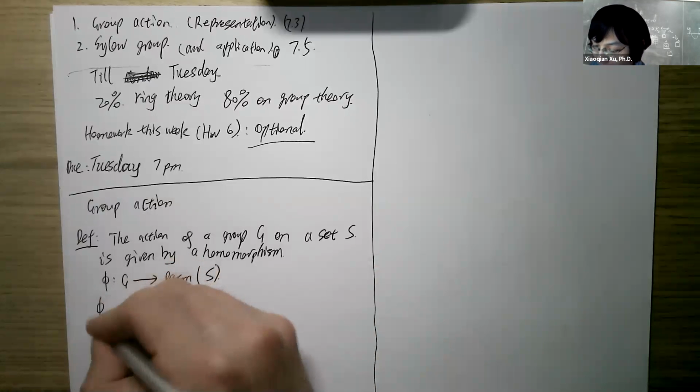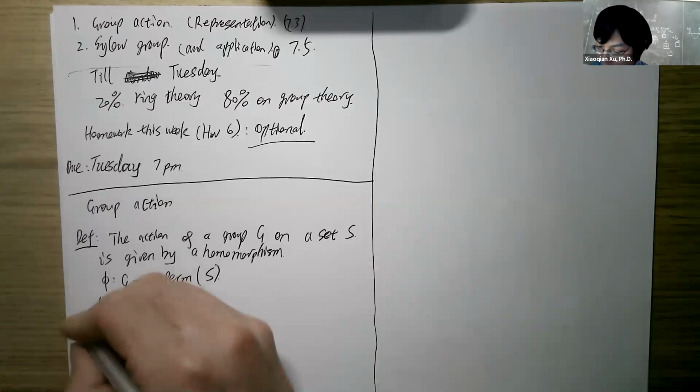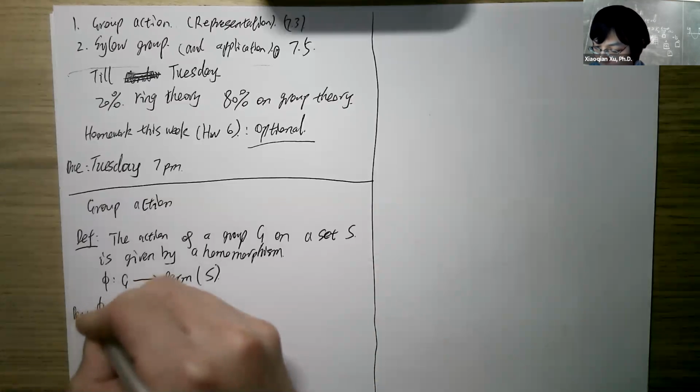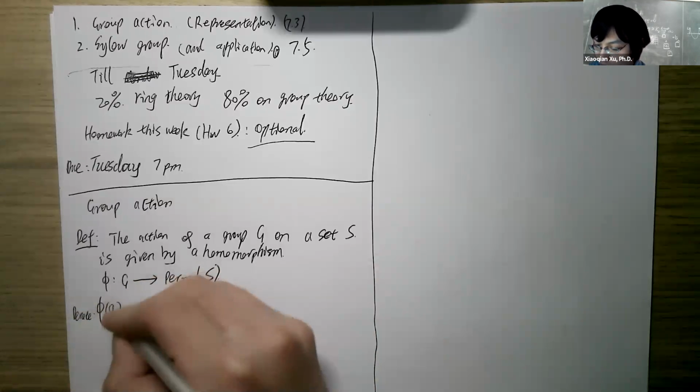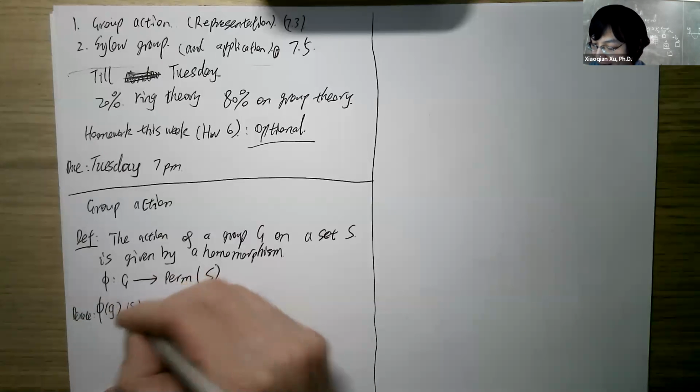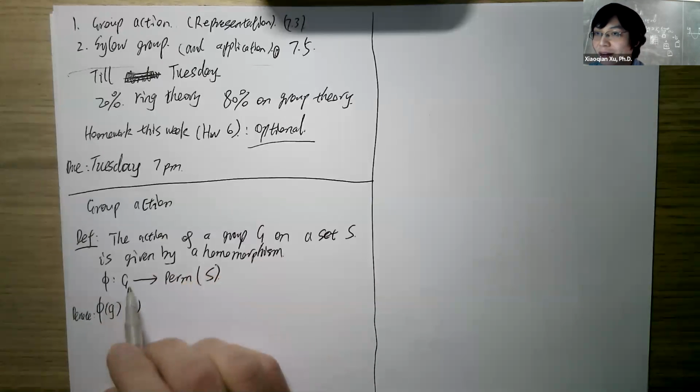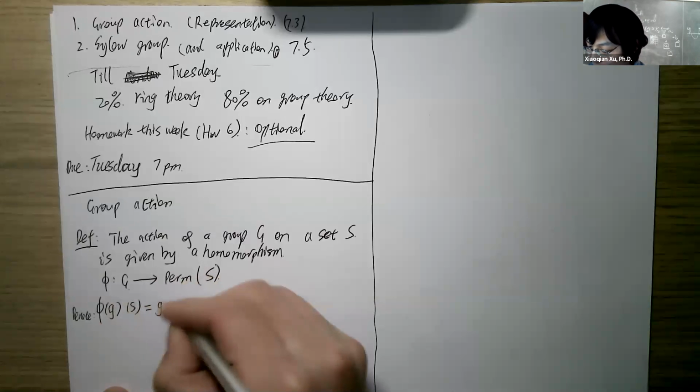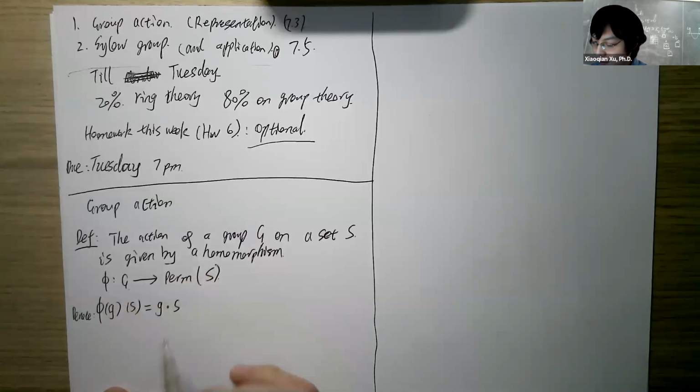And we denote this phi of g acting on s, where g is an element of the capital G and s is an element of the set S, as g dot s. But be careful here. This g dot s is not a group operation, it's not a group multiplication, right?